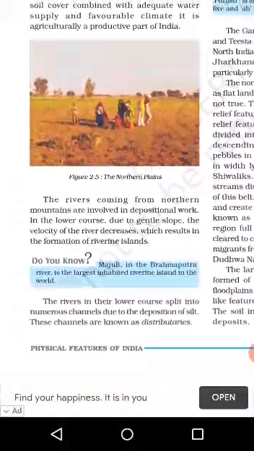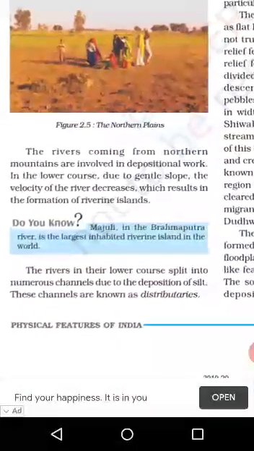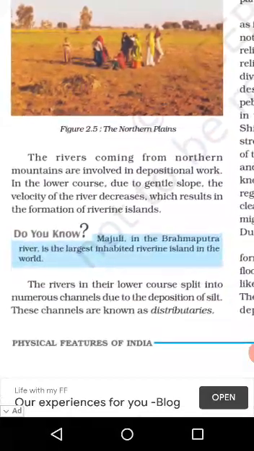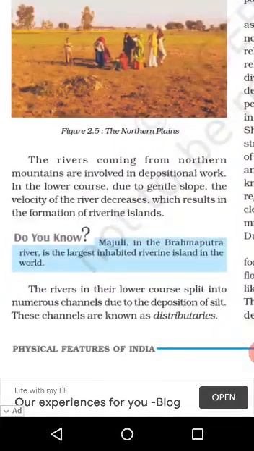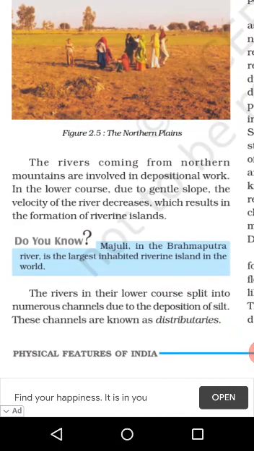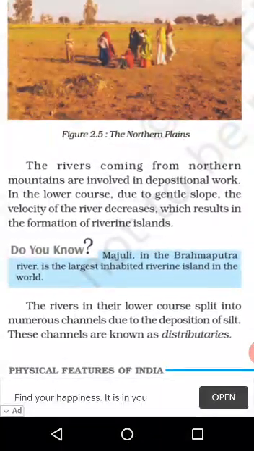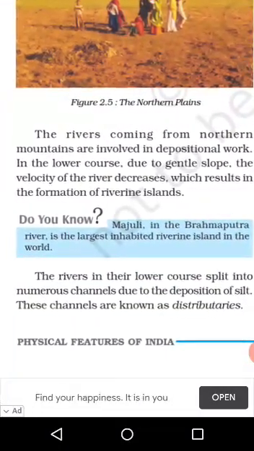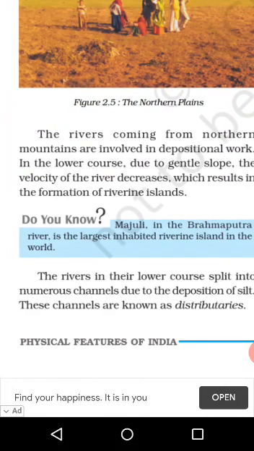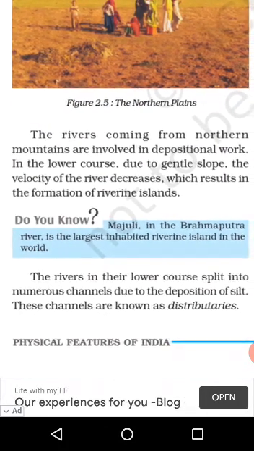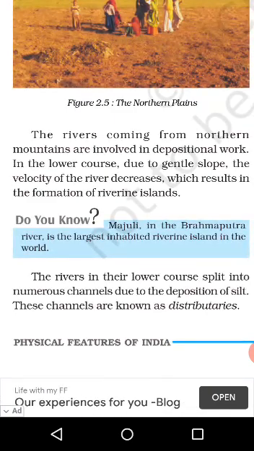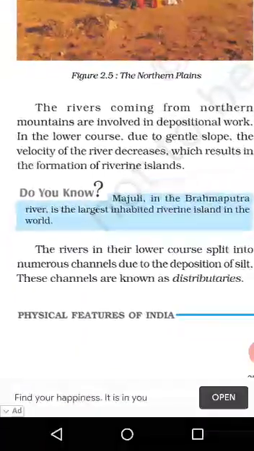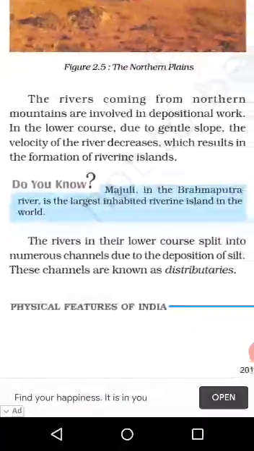Then come to this paragraph. The rivers coming from the northern mountains are involved in depositional work in the lower course due to the gentle slope. So this is the plain area, and here the slope is gentle. Whatever sediments the river brought, it started to deposit in this area because the speed of the river is low, and that is why in this area we can see riverine islands.